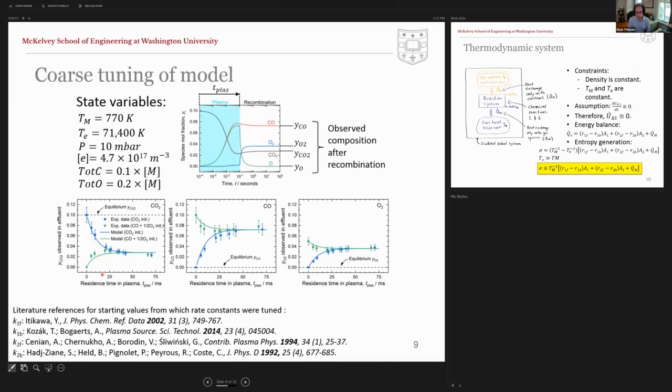And I won't say that this tuning is perfect, and the reaction model is certainly oversimplified, but we get fairly good agreement between the solid lines, which are the model predictions, and these symbols, which are the experimentally observed points. And the dashed lines, as a reminder, are the equilibrium compositions at the background temperature of 800 Kelvin.